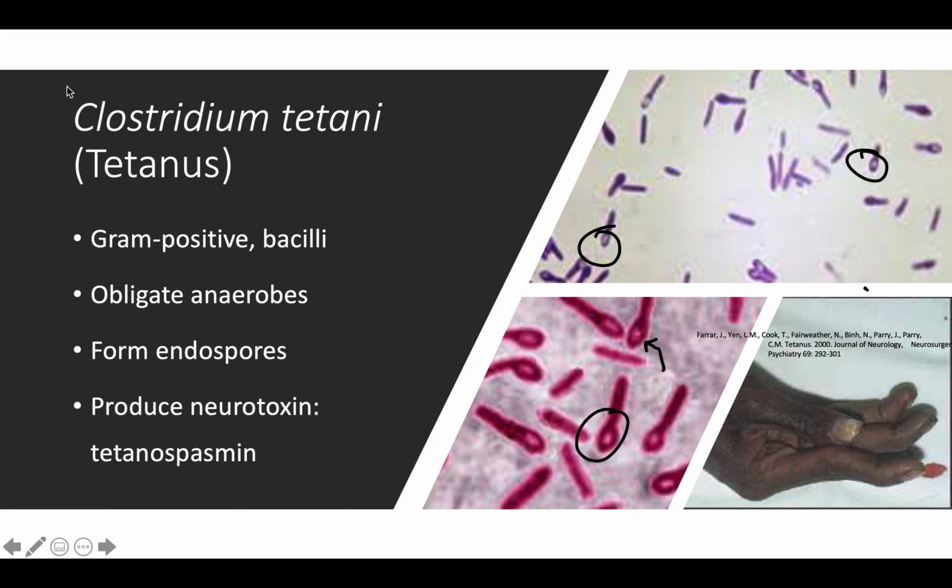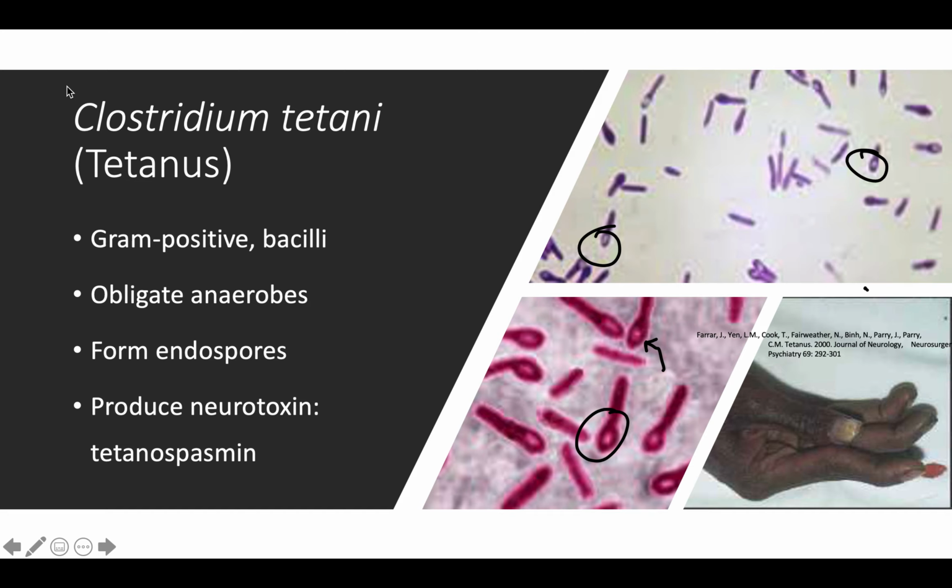The bacterial species itself isn't actually doing the harm, but the endospores that are formed actually do the harm and release the neurotoxins that cause our cells to act abnormally. The neurotoxins released from Clostridium tetani are two different neurotoxins, known as tetanolysin and tetanospasmin. I'm going to focus on tetanospasmin because of the effect that it has, whereas tetanolysin really just causes tissue destruction.